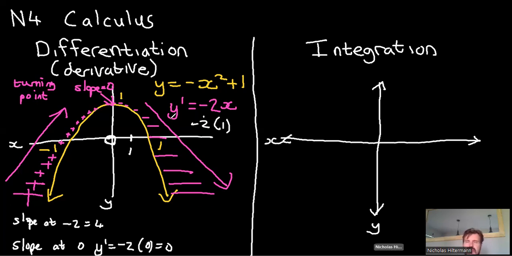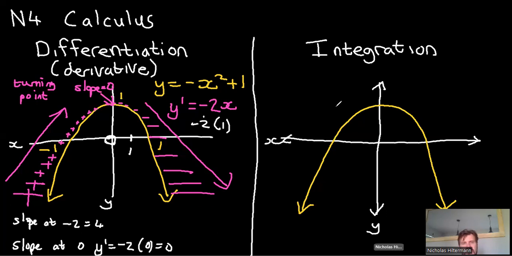Then they throw in integration and you suddenly get confused, because differentiation is the opposite of integration. People end up confusing the two, and they put the integration formula instead of the derivative formula. So just be aware that that's an issue.